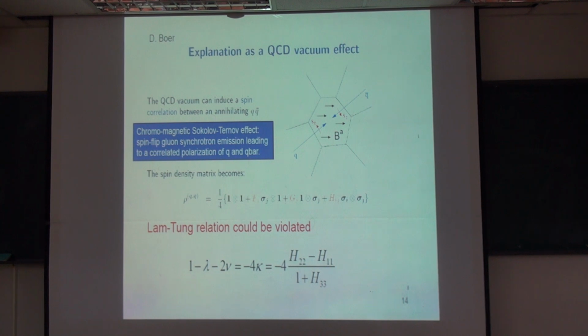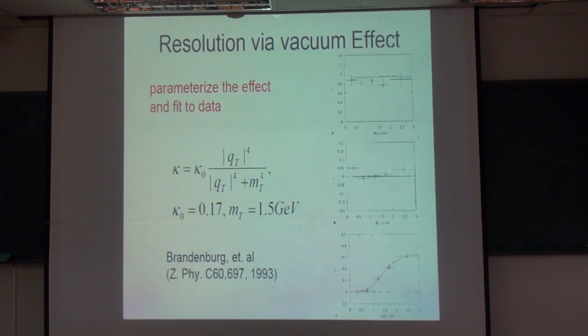The one after next. Certainly they didn't do any calculation, because we don't know how to calculate the QCD vacuum effect. It's non-perturbative. So they just argue that maybe this effect is important, and then we can have the transverse polarized quark. Then they parameterize this contribution into this form with free parameters like kappa 0 and MT. They found that if they choose kappa 0 equal to 0.17 and MT about 1.5 GeV, they can explain the data.